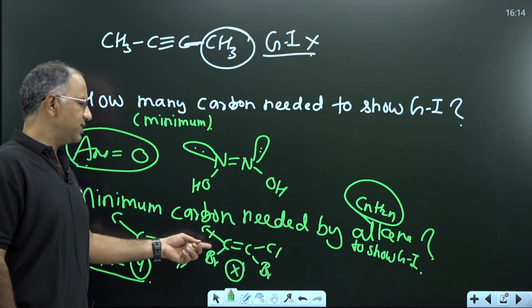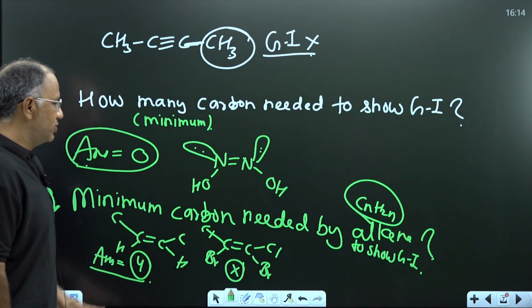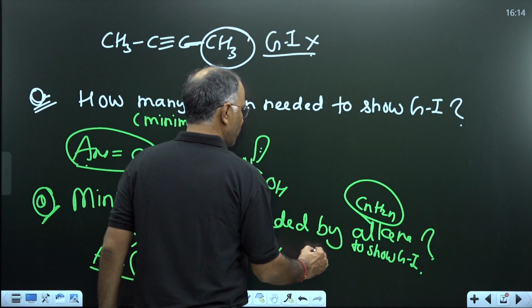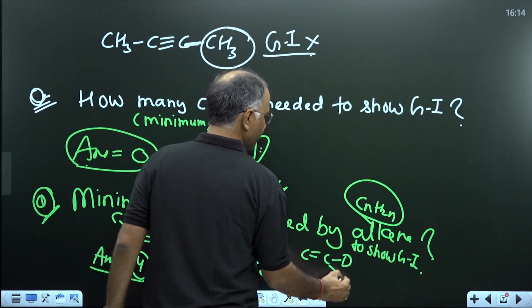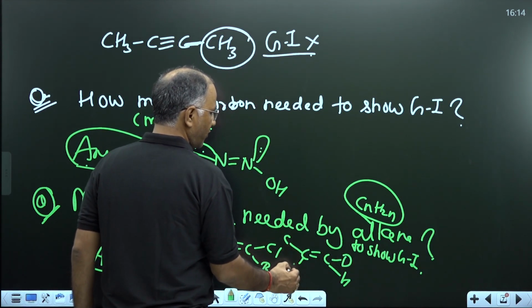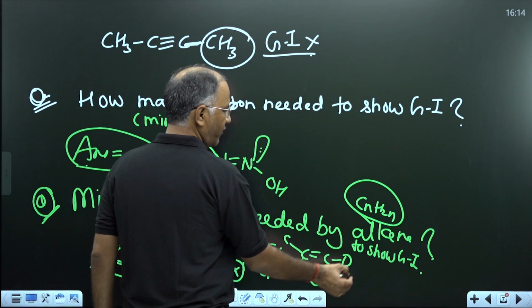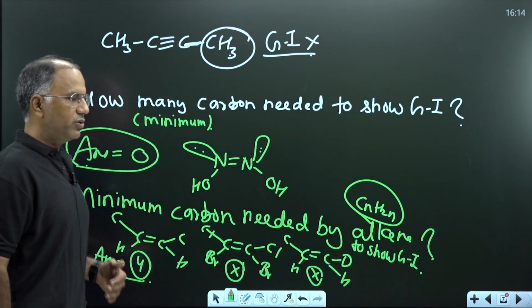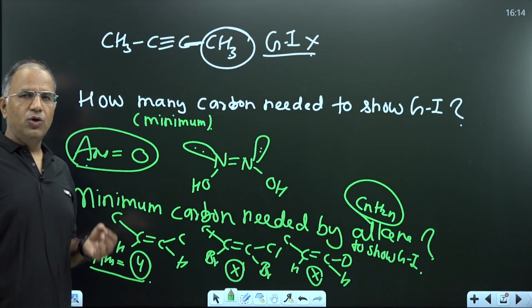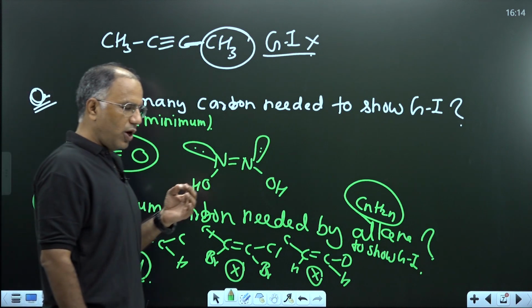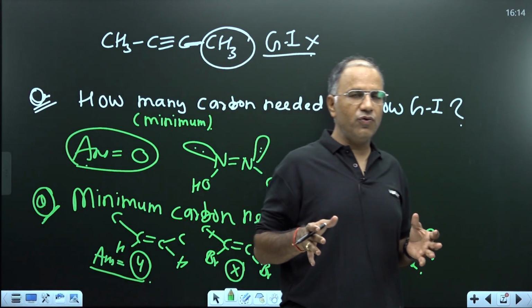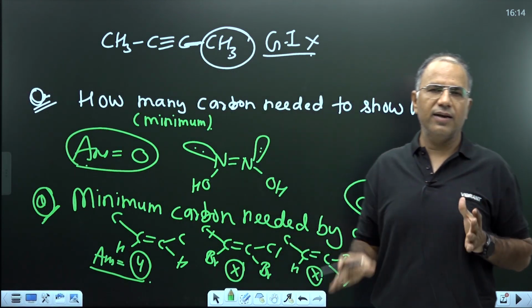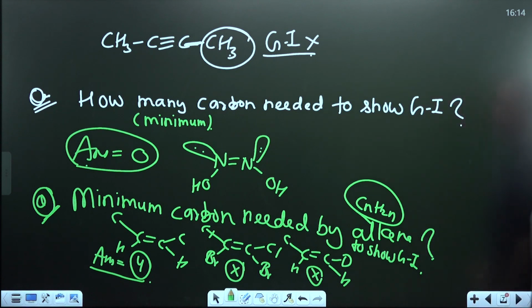In this case, this is an unsaturated halide, it will not show GI. Similarly, you cannot use isotopes. Isotopes are used for kinetic purposes. The role of deuterium is to check the rate of reaction. So if I ask you to draw an alkene, you have to draw CnH2n. Got it?